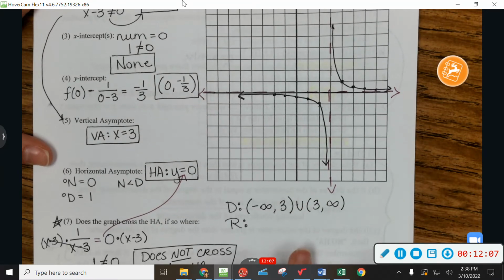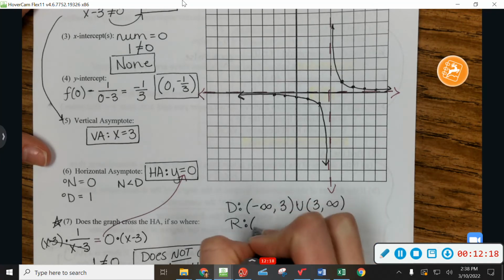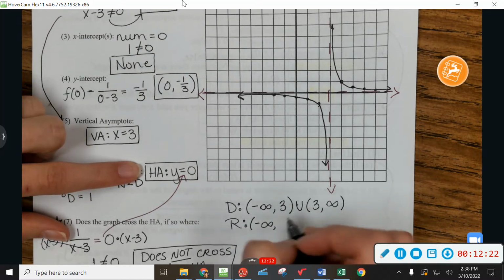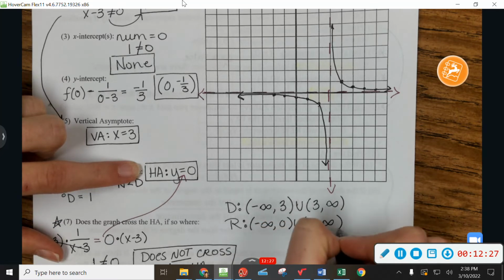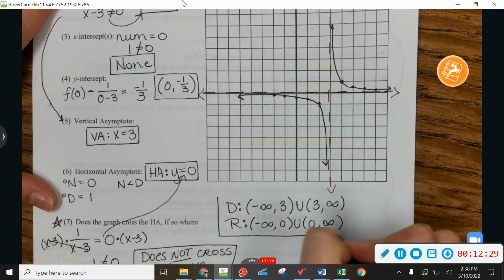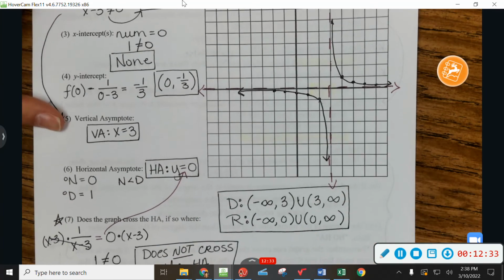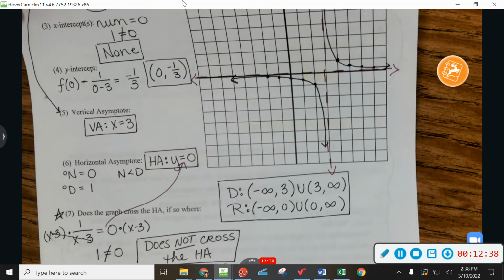That is explaining it's all real numbers except x cannot equal 3. So my range is going to be negative infinity to whatever my horizontal asymptote is, which is 0, and it breaks at 0. Y'all good with that? So it is not hard. You just have a lot to keep up with. Okay?